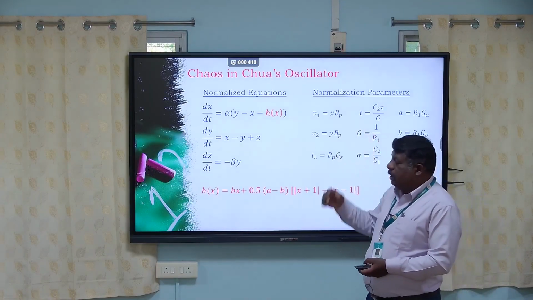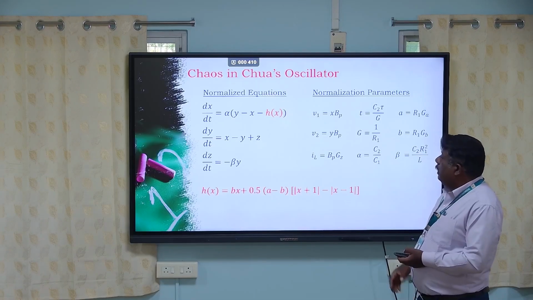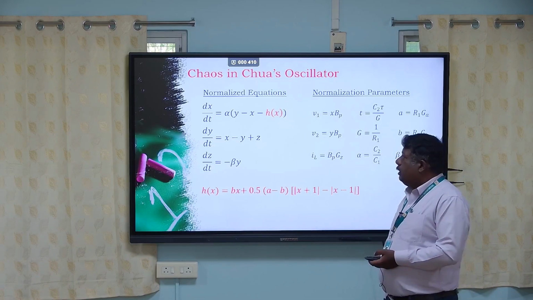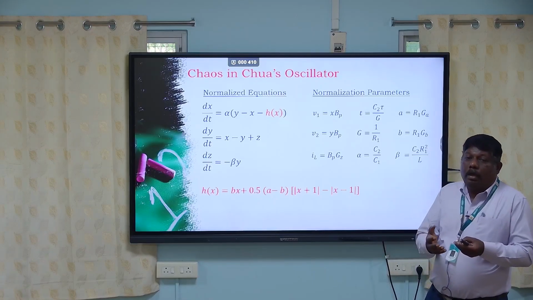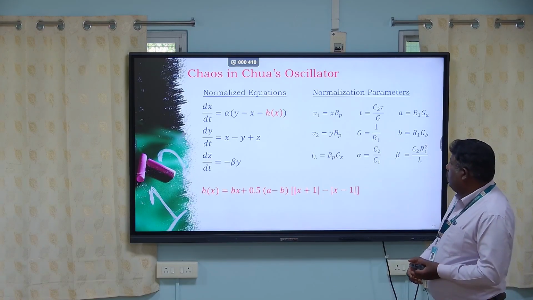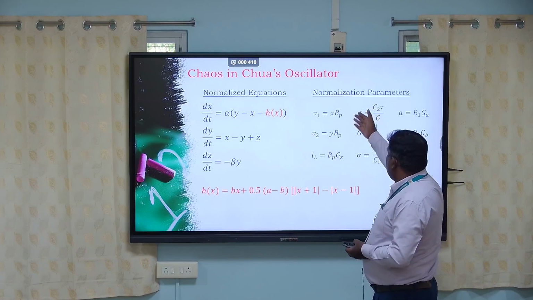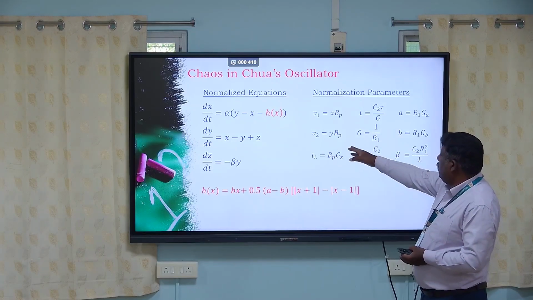Before, we saw the electrical equation. The electrical equation is reduced and normalized in order to eliminate the units of the capacitor, resistor and inductor. So we are using these normalization terms: V1 is equal to x, and V2 is equal to y.